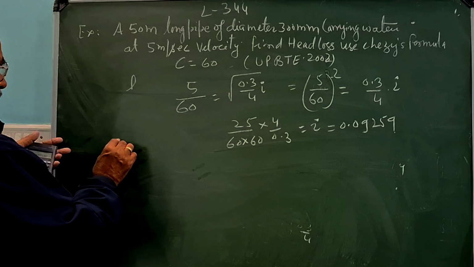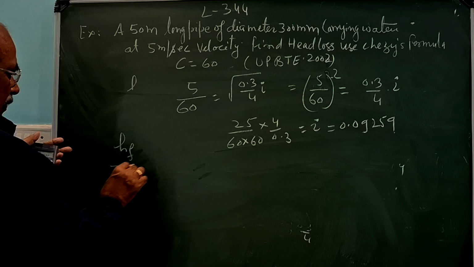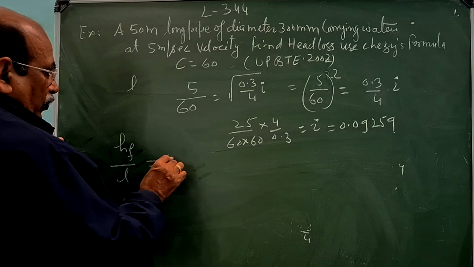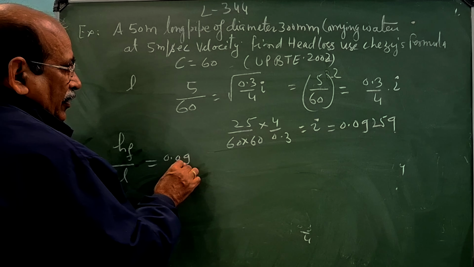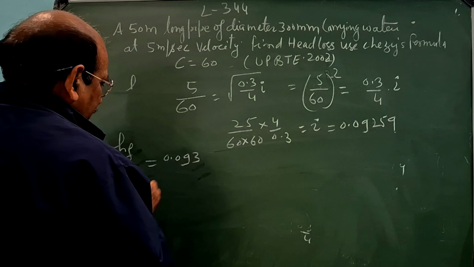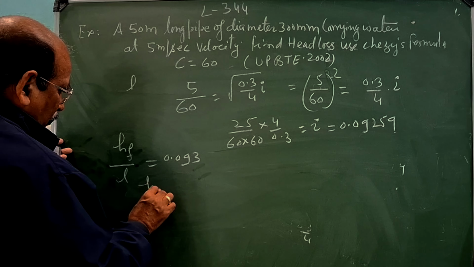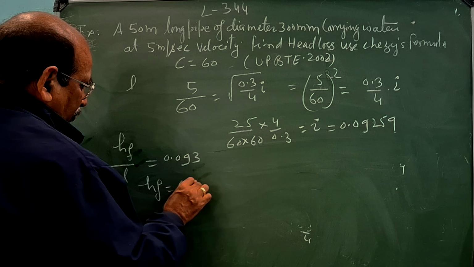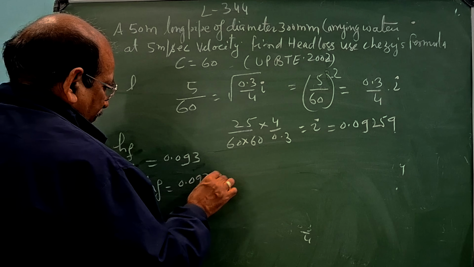And i is equal to HF upon L. So this is 0.093, you can say. So HF equals to 0.093 multiplied by 50.